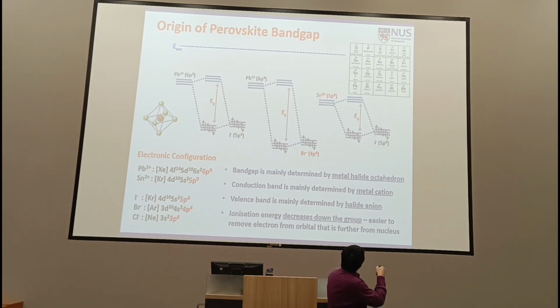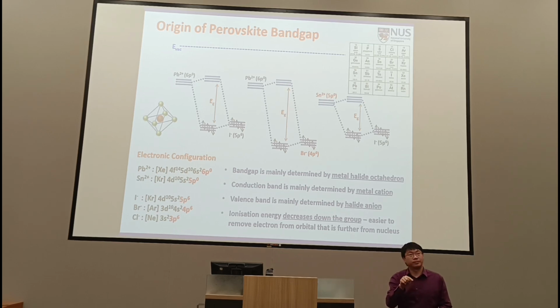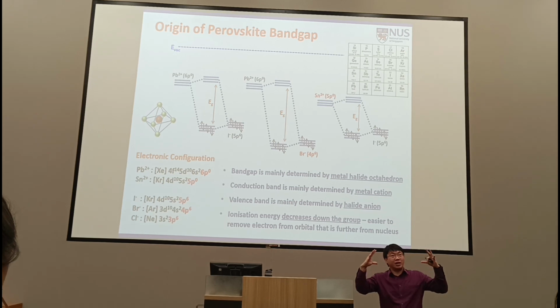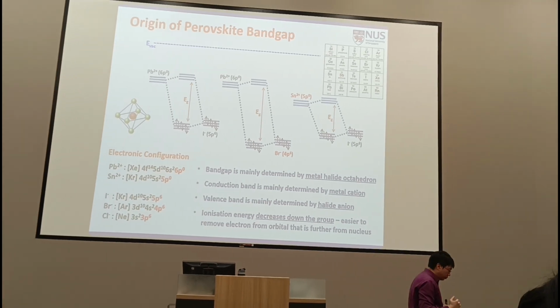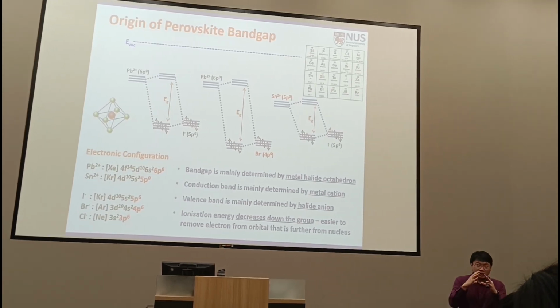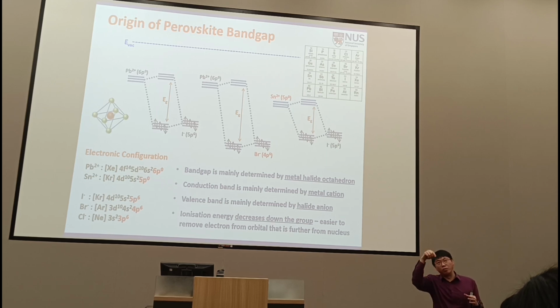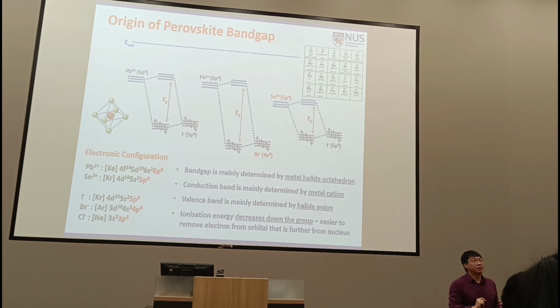If you look at the periodic table, as you go down the group, you are adding electrons to outer shells, larger and larger shells. As the shell gets bigger, is it easier or more difficult to remove this electron? Easier.